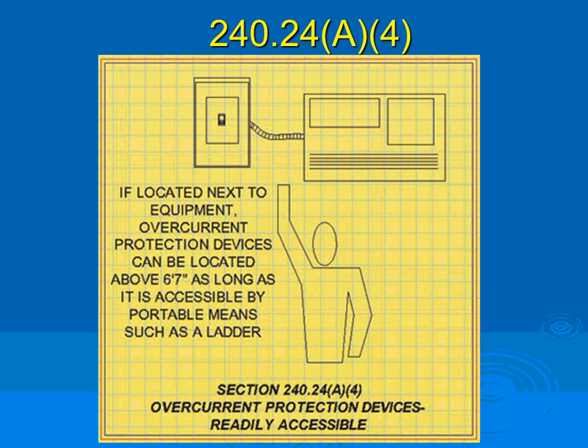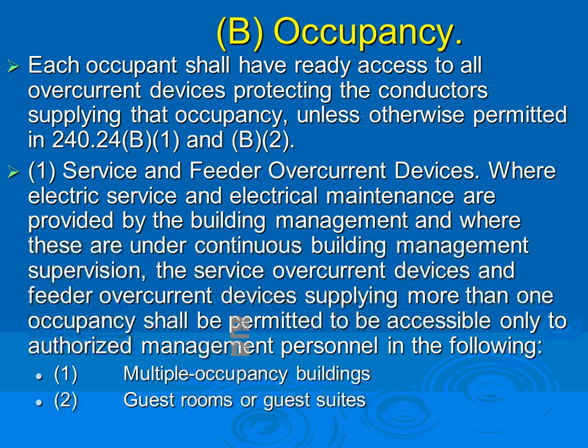Equipment, as long as it's right next to the equipment, and you have a means of putting a ladder or something to reach it, because the disconnect has to be within sight of the equipment, right? And most likely the equipment is going to have a fuse to protect it, so that's okay as long as you have access to the equipment.